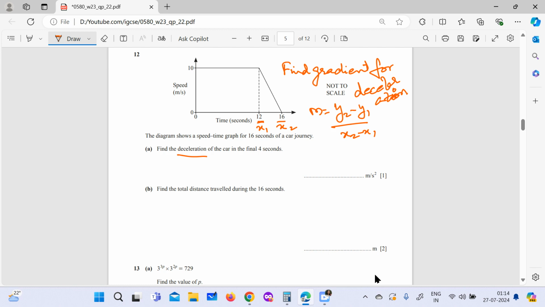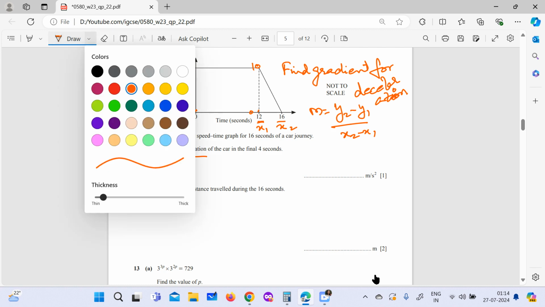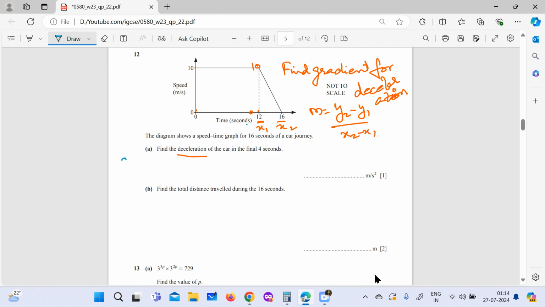On the y-axis, this point is 0 and here this is 10. Let me mark it here: x1 is 12, x2 is 16. This is coming from up to down, so y1 will be 10 and y2 will be 0.